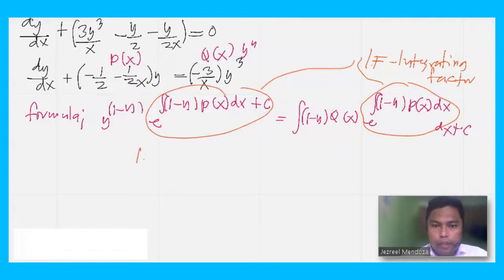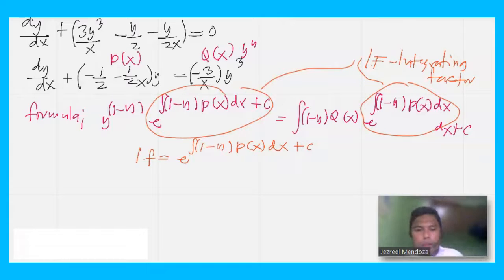The integrating factor is equal to e to the integral of (1 minus n) P of x dx plus c. We all know that our n is 3.